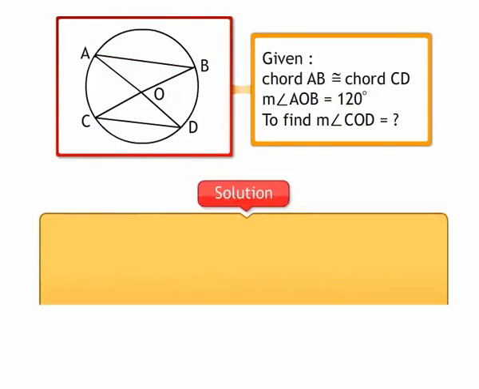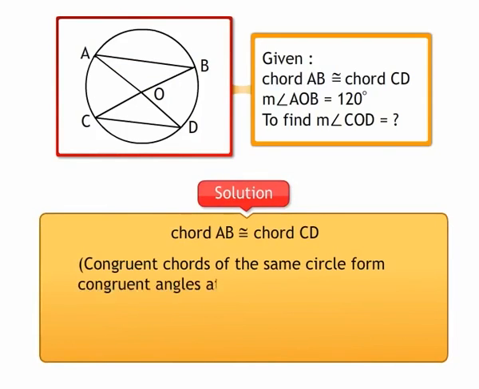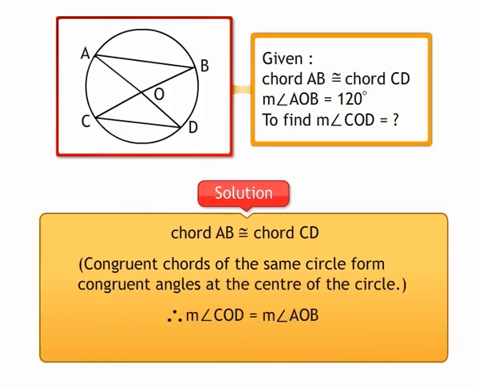Now chord AB is congruent to chord CD. By using the property that congruent chords of the same circle form congruent angles at the center of the circle, measure of angle COD is equal to measure of angle AOB. Therefore, measure of angle COD is equal to 120 degrees.